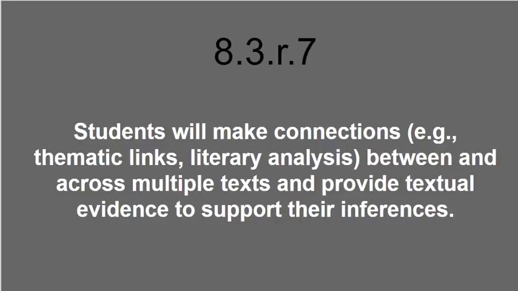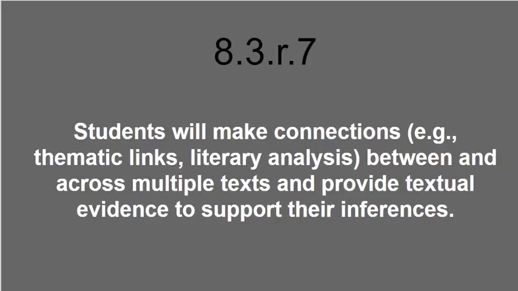And then you're going to use evidence from those passages to support what your opinion is or the connections that you found. If you are doing an OCCT test for the state of Oklahoma, you would have two passages that you would be reading. You would make connections between those two texts. You would find those connections like a thematic link or using different literary elements to decide how those texts were alike. Then you would make an inference, or you would give an opinion about those connections.